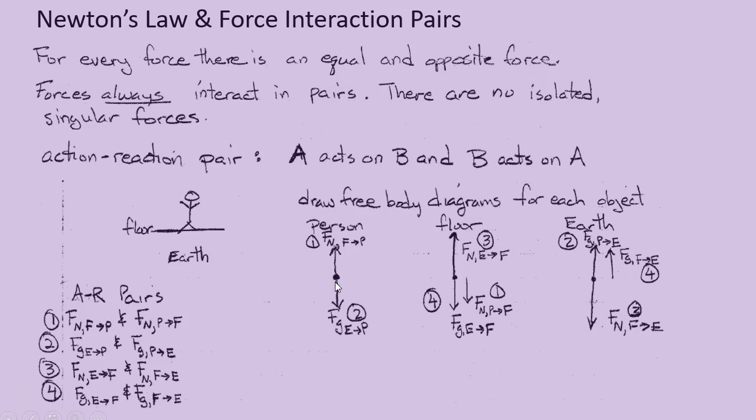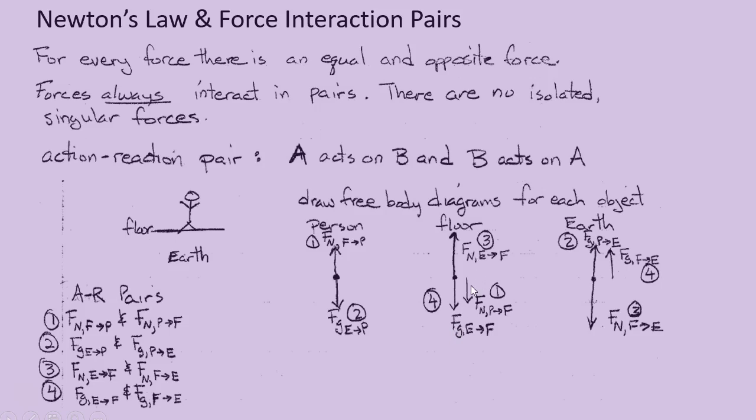For the person, we have the Earth's force of gravity pulling them to the center of the Earth. We have the normal force of the floor pushing up on them. If we look at the floor, we have the normal force of the Earth pushing up on the floor because the floor is resting on the ground. And we have the Earth's force of gravity pulling the floor to the center of the Earth.